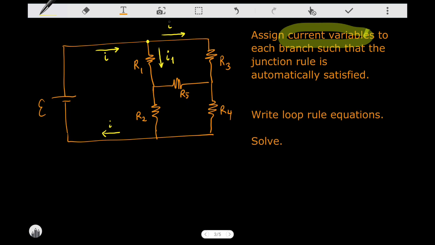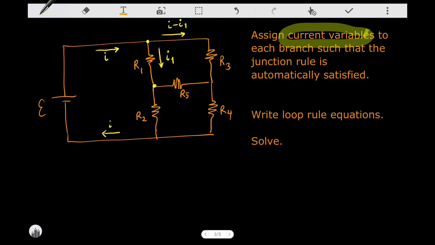I just show that it is equal to I minus I1. So I still have 2 unknowns. With these 2 unknowns, I can express the currents on branches that are connected to that junction. So on this junction, the junction rule is satisfied, right? So I don't need to write down the junction rule in there.